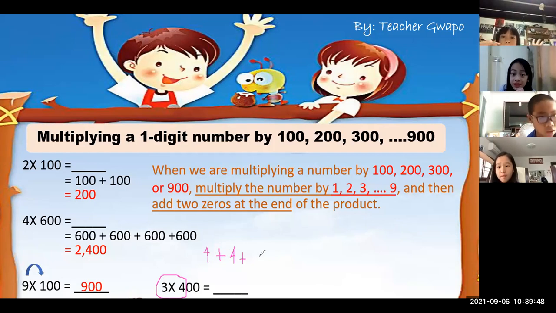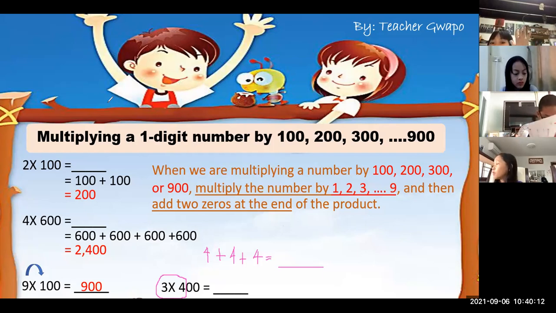So 3 times 4 is? What's the answer? 4 plus 4 plus 4. Natapong, are you finished? 4 plus 4 plus 4 is equal to, who can help?